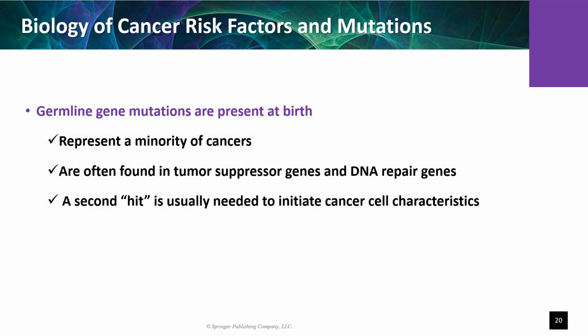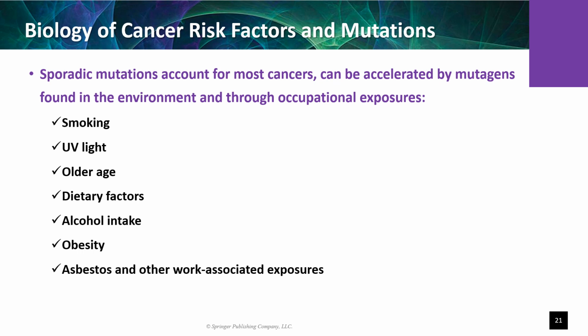Germline mutations are mutations that occur in the DNA of a germ cell, such as an ova and spermatozoa. Somatic mutations are mutations that occur in the cell spontaneously or as a result of mutagen exposures. Various environmental and occupational exposures can be part of the risk factors associated with cancer.